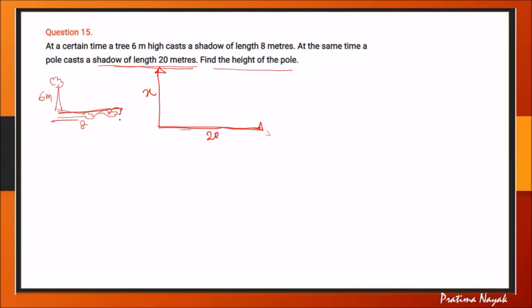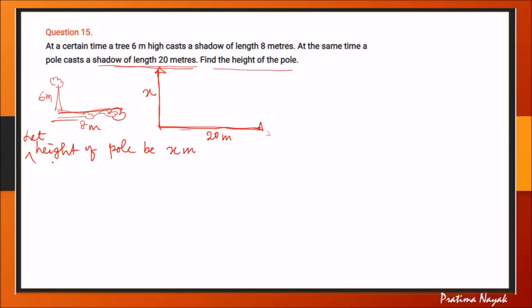So this is the tree, 6 is the height and 8 meter is the shadow. Here, if the shadow is 20 meter, then what will be the height of the pole? So we can take the height of the pole as x. Let the height of the pole be x meter.